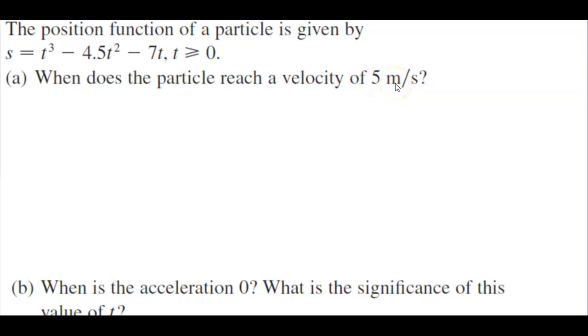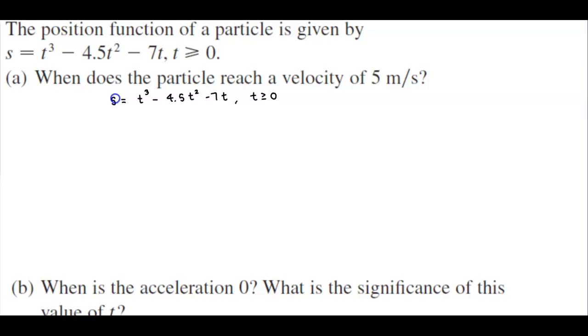Okay, so what we're going to do is first find out, we know that the position function s is equal to t cubed minus 4.5t squared minus 7t, where t has to be greater than or equal to 0, meaning the time has to be greater than or equal to 0.